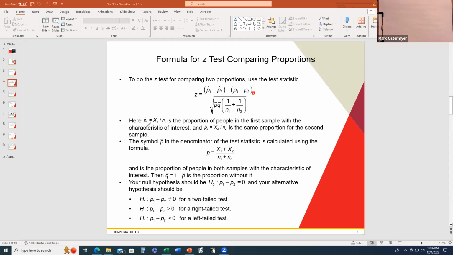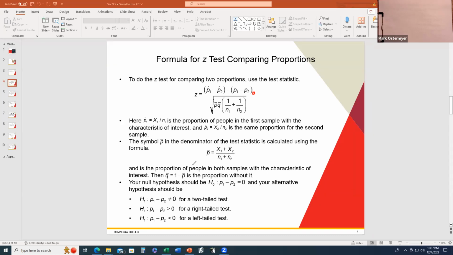Notice p sub 1 hat is going to be the sample proportion from sample 1. It's equal to x sub 1, the number of observations in the first sample that exhibit a characteristic of interest, divided by n sub 1, the size of sample number 1. And of course, p sub 2 hat is the sample proportion from sample 2. Now, what's this p bar here?